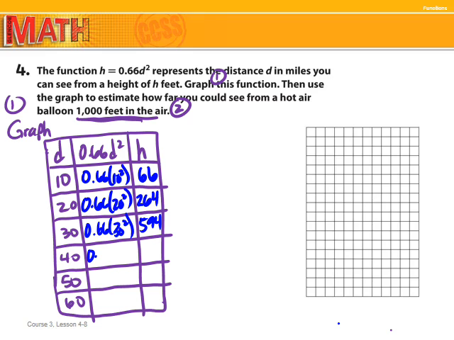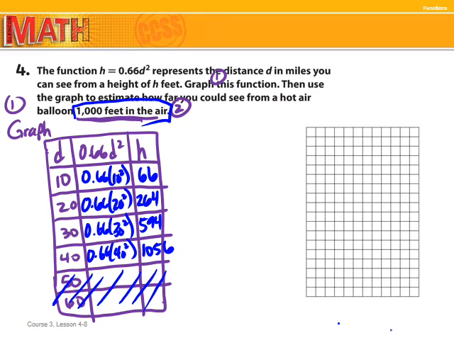Getting closer. 0.66 times 40 squared. 40 squared is 1,600. 1,600 times 0.66 is going to be 1,056. Well, that takes us over the 1,000 feet, right? So I don't need the 50, 60.